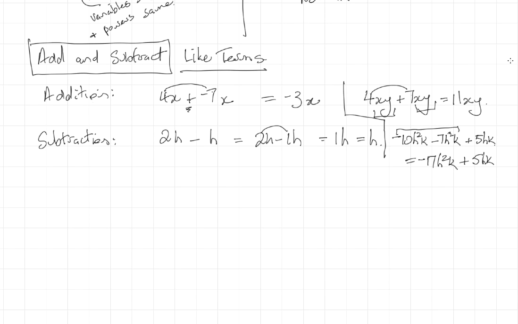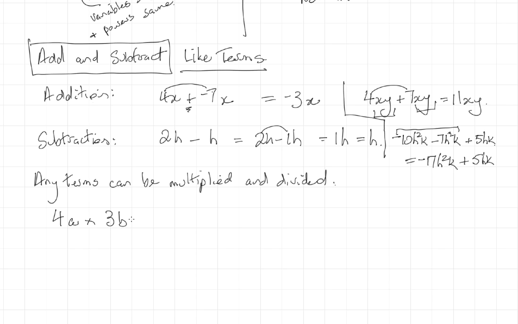If we want to look at multiplication, any terms can be multiplied and divided. Any terms. So if we've got 4a times 3b, we don't have like terms, but it doesn't matter.